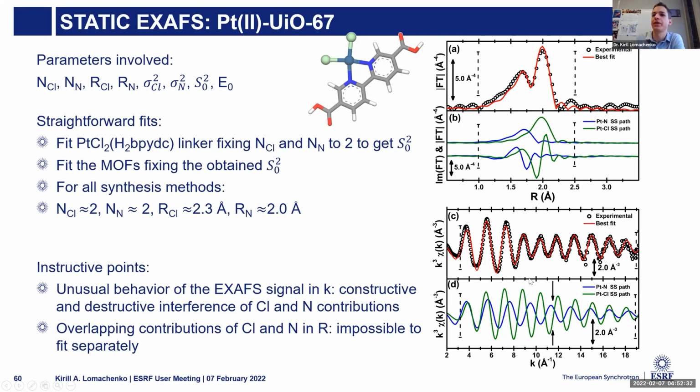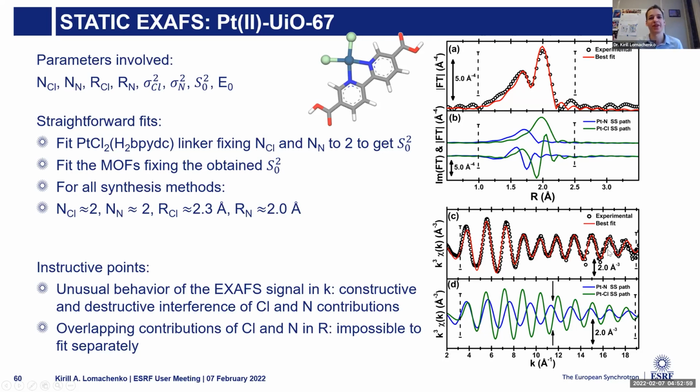But at low k, when each of these signals is quite intense, they are in antiphase, so they have destructive interference. At high k, the amplitude of each signal is lower, but they are in constructive interference, so they amplify each other. And the sum of these two periodic signals has an amplitude that almost does not change, and that's what causes this effect.